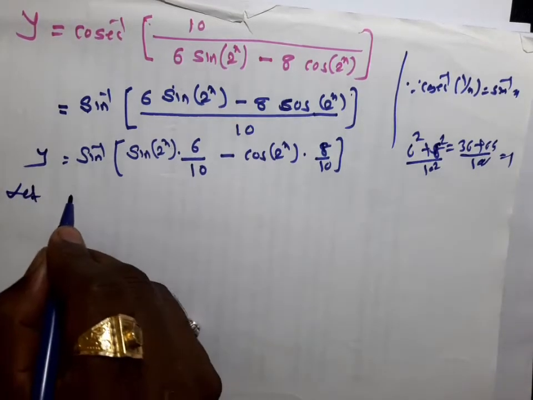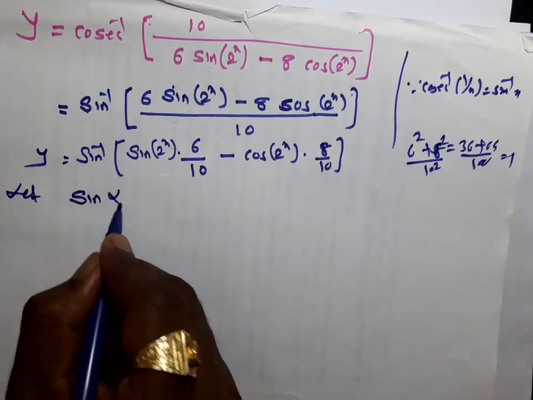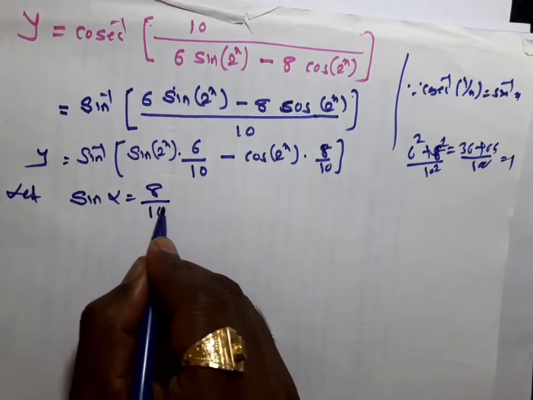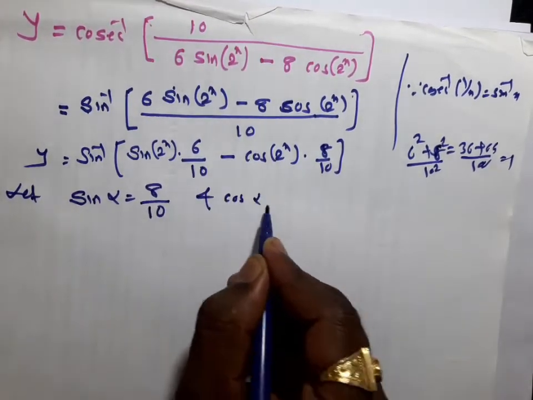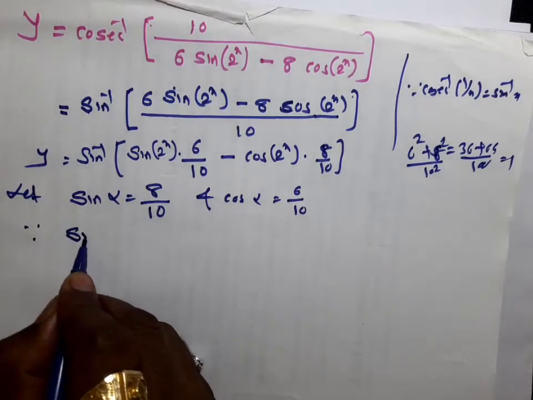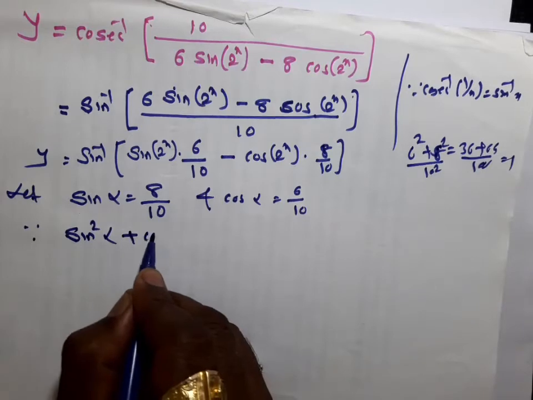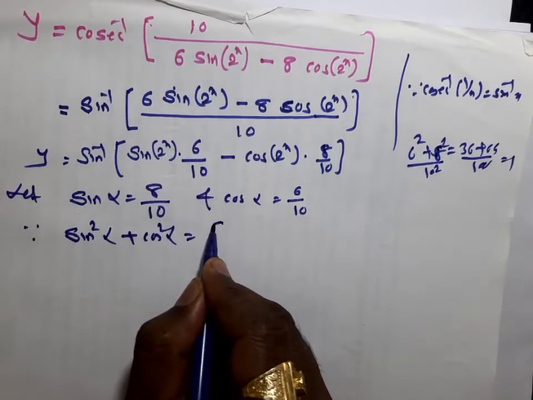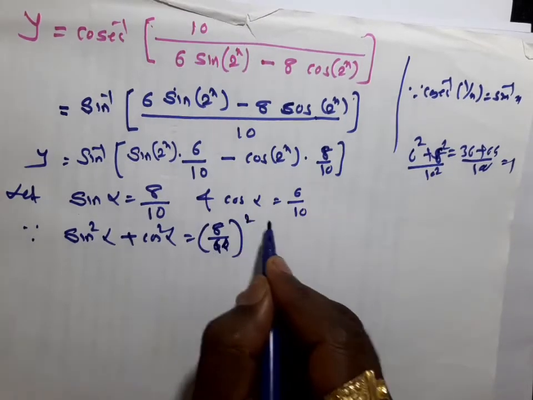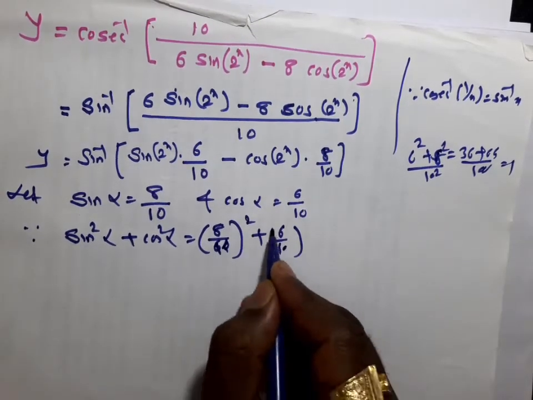So let sine alpha be equal to 8 upon 10 and cos alpha be equal to 6 upon 10, such that sine square alpha plus cos square alpha is (8 upon 10) square plus (6 upon 10) square.